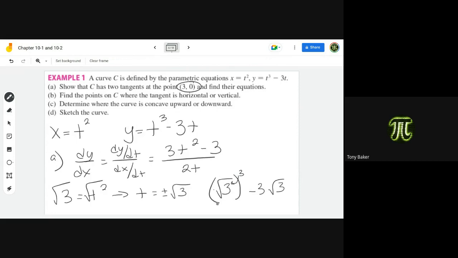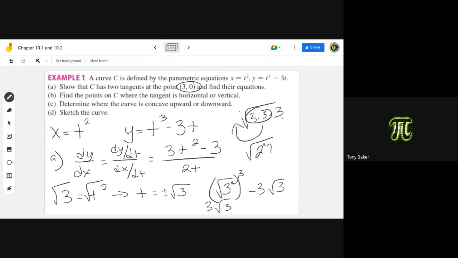So I'd have 2 3s. I can pull one out, and I still have 1 left. So it's 3 square root of 3, because I have the 3 times 3 times 3. I can pull 1 out, and there's still 1 left.